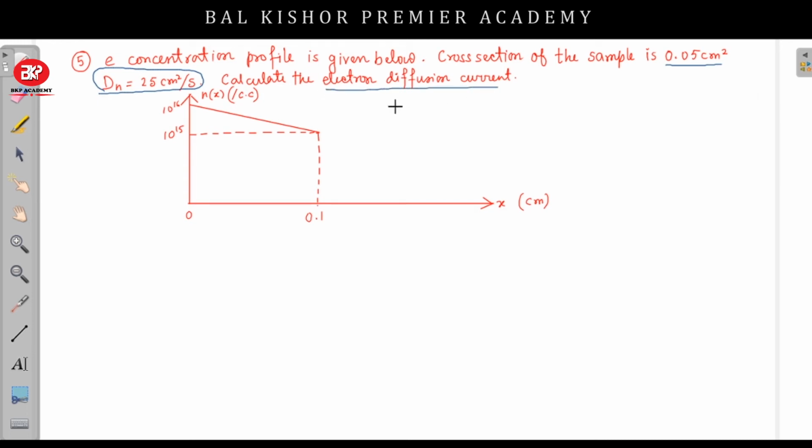We have to find the diffusion current for electrons, that is Jn diffusion. We have to find this, Jn diffusion for electrons.